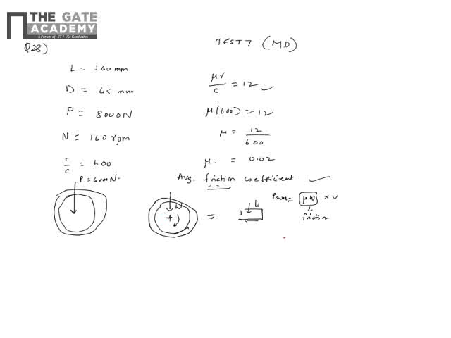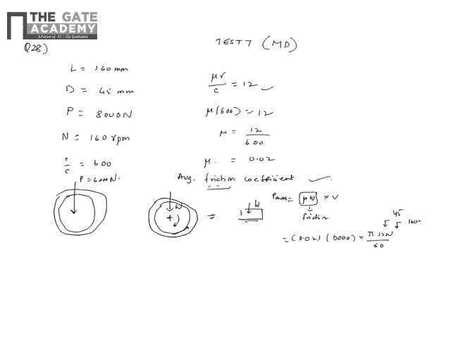So power is mu V W. We know mu is 0.02, W is 6000 newtons. V is velocity, the surface velocity, it's pi d n by 60. So I know the diameter, which is 45, and the speed, which is 160 rpm. So everything is known.